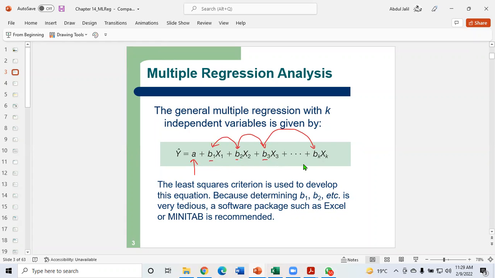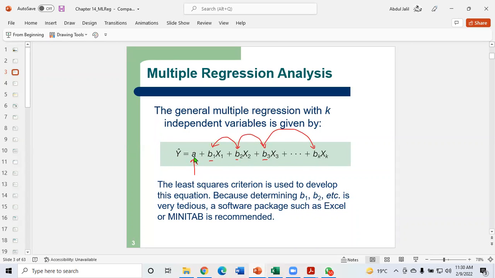First you will say the B's are parameters: B1, B2, B3, BK are parameters. A is the intercept, right? That is the first thing you need to explain. Second, the point you are mentioning, they show the slope of every variable with respect to the dependent variable. I mean, how the dependent variable is going to change with respect to each independent variable. So they reflect the slope of their respective independent variable. Clear?